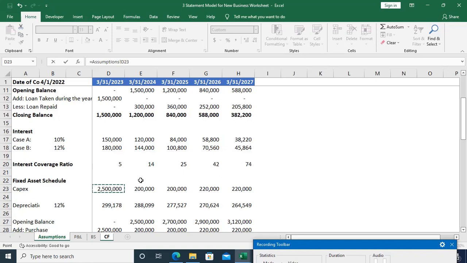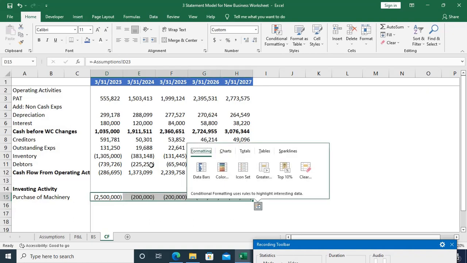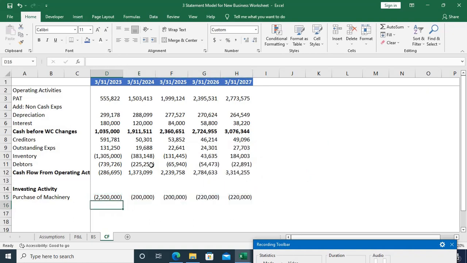Why am I taking the capex part? Because this is what actually has made the cash outflow, right? So this is what has actually made the cash go out of the business. So I'm putting a minus sign because this is a cash outflow.